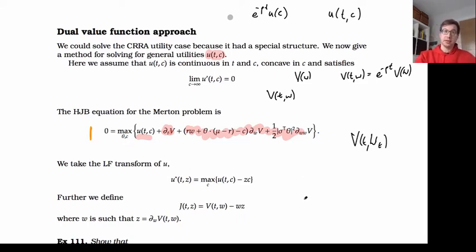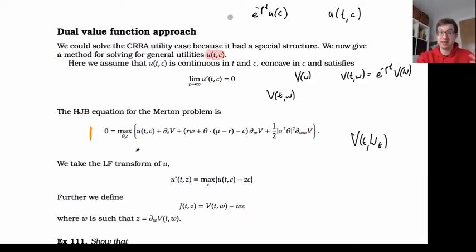Now, can we go about solving it? The point of this is to show that we can take something that's actually quite a complicated formula. Notice we've got a partial differential equation here, with second order derivatives and everything, and with maximizations over the sets of portfolios and over the consumptions.